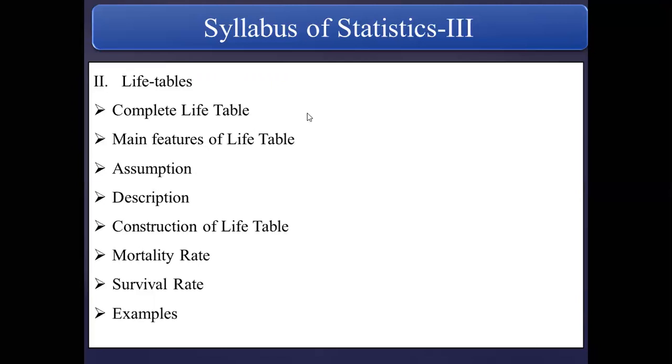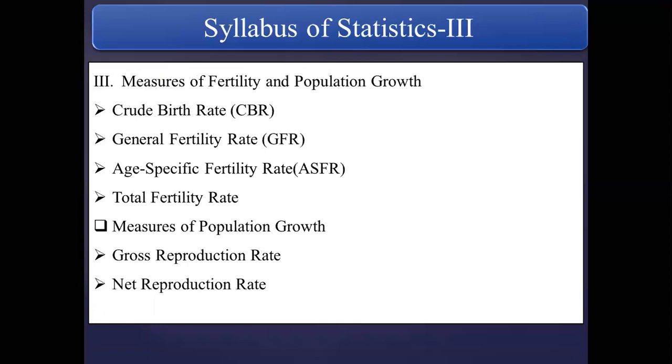After this life table, the last part is measures of fertility and population growth. In measures of fertility, fertility is nothing but the capacity of a woman to produce a child.